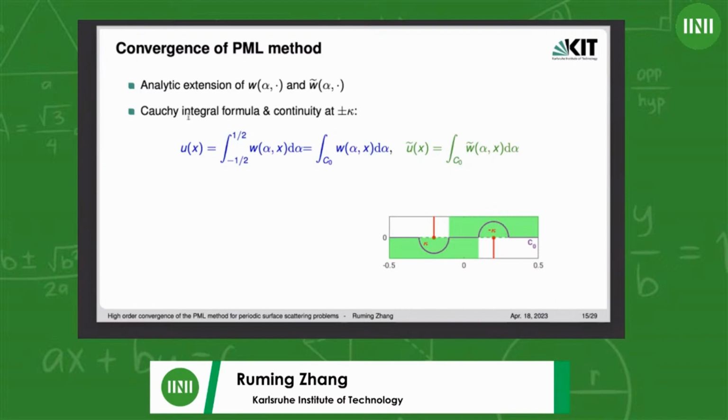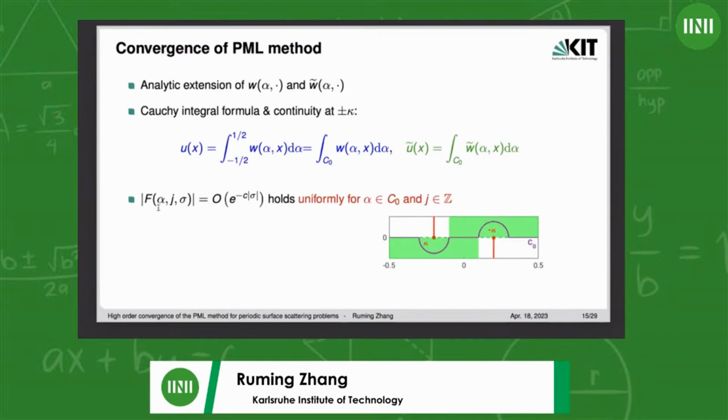From the Cauchy integral formula, we can get that U can be written in this form, and U tilde is also written in the same way. So now we have rewritten the integral on the curve C0. Now we can continue with the part we originally planned.